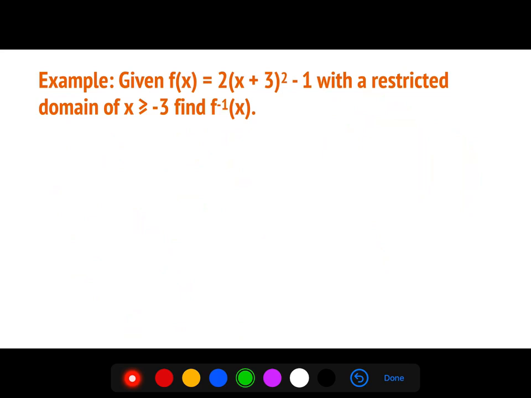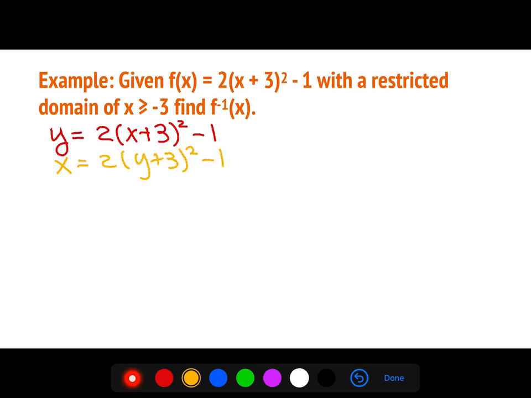Now let's try one with a restricted domain. So all I'm going to do is start out the same way. I'm going to replace f of x with y. And then I'm going to switch my letters. And then I'm going to start solving for y.